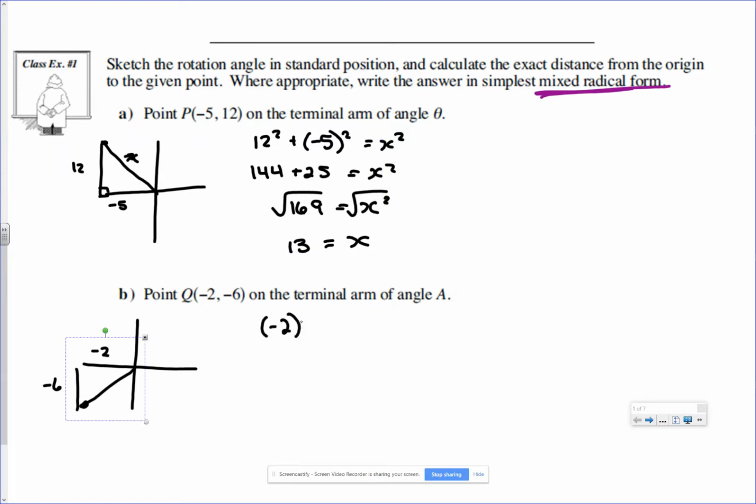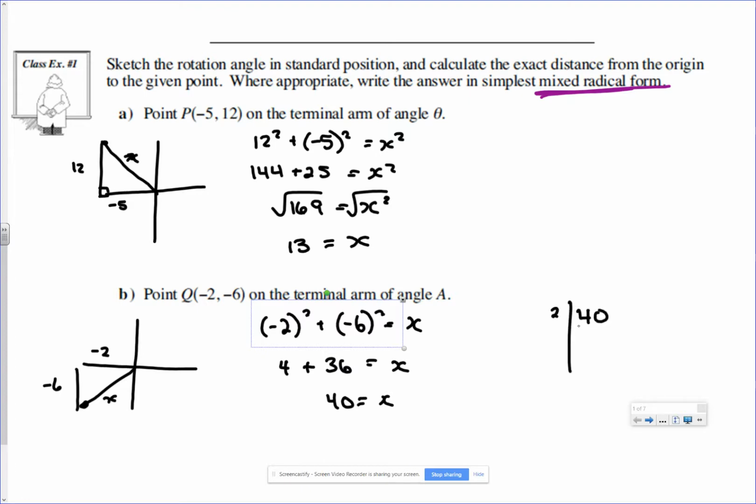So again, I'd have to square and add those values to find my hypotenuse. So that would be 4 plus 36 is equal to x squared. And then we get 40 for this one. 40 does not square root evenly, so we are going to have to prime factor this.